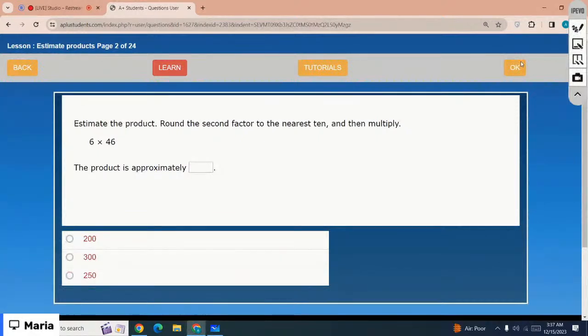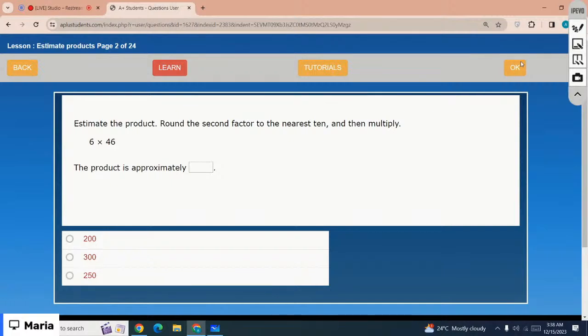So which is the correct option? 46 is rounded off to 50, and the correct option is 200.